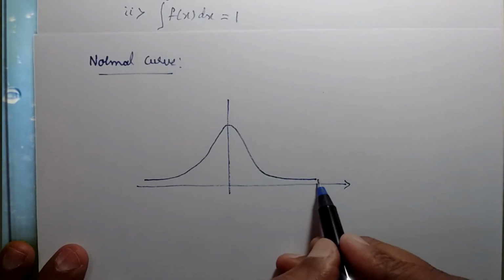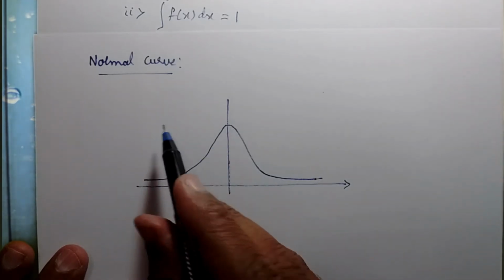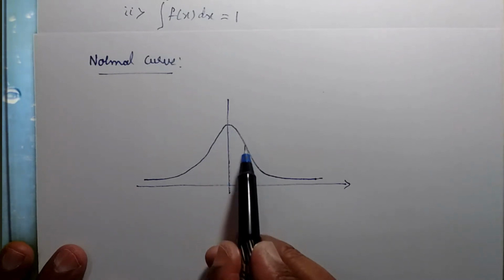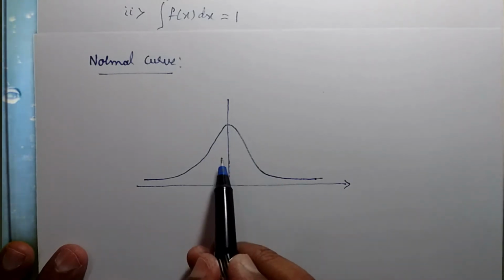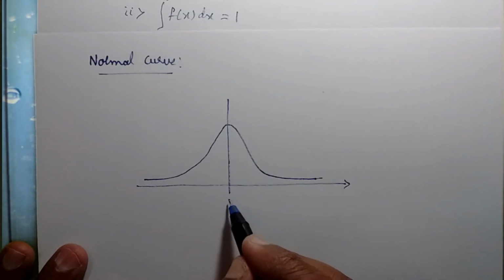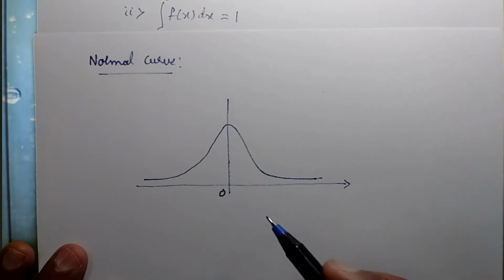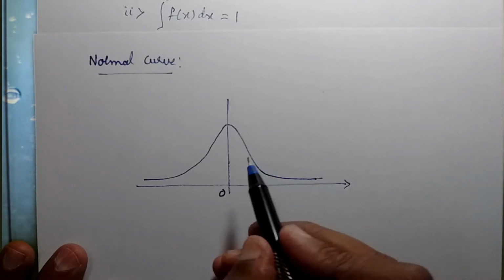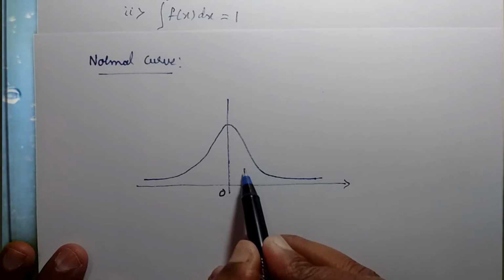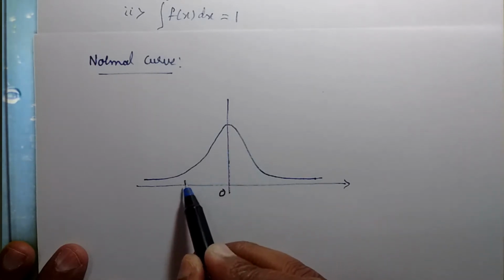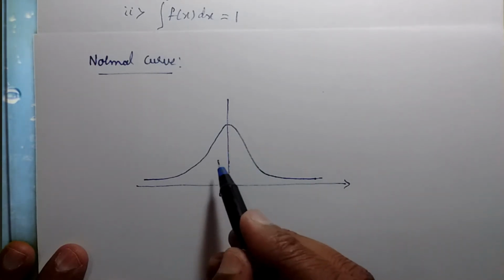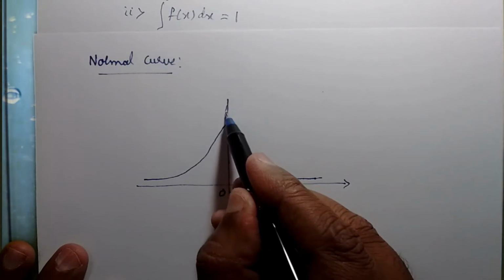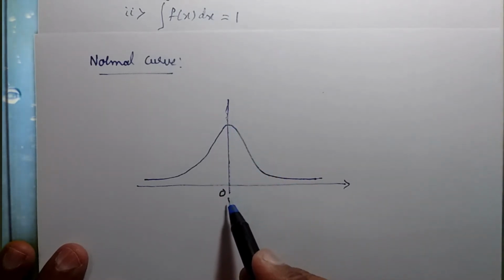So this type of curve is called a normal curve, which is a bell-shaped curve, and the area on the right hand side will be equals to the area on the left hand side. So the curve is symmetrical about this axis.